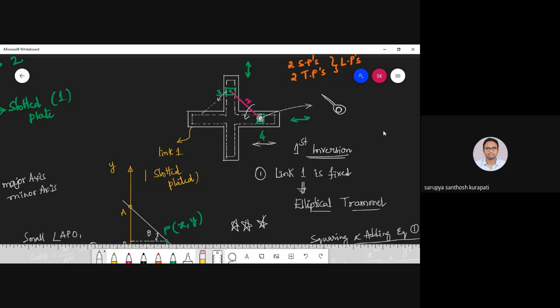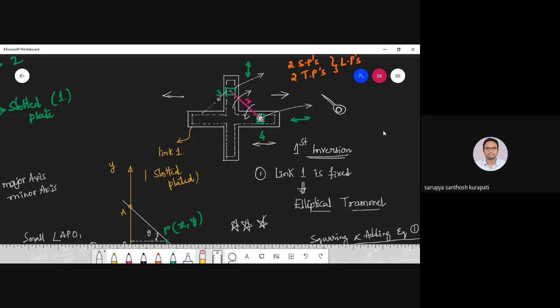The slotted plate has only one motion with respect to the fourth link, in the positive x and negative x direction. So when the third link applies force and the second link starts rotating, the slotted plate moves in the negative x direction. Or when I give a clockwise input rotation, the third link's direction is in this manner, so the slotted plate moves in the positive x direction.